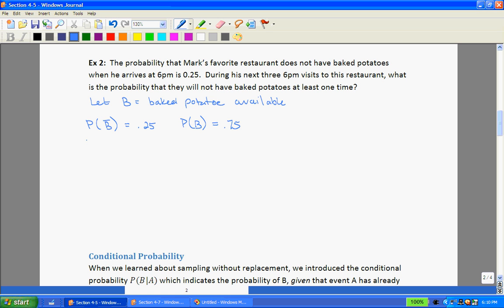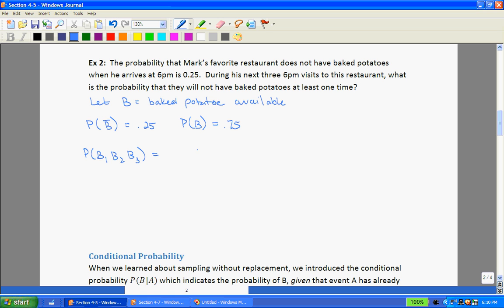So what we're trying to find is the probability that they have a baked potato on visit 1 and on visit 2 and on visit 3.